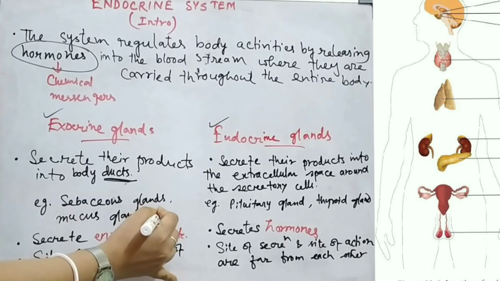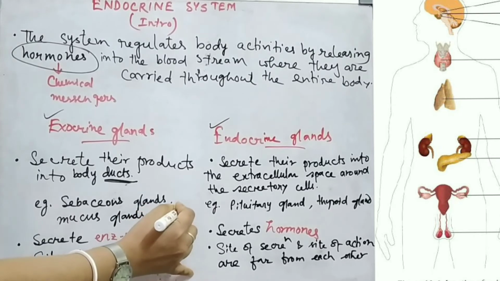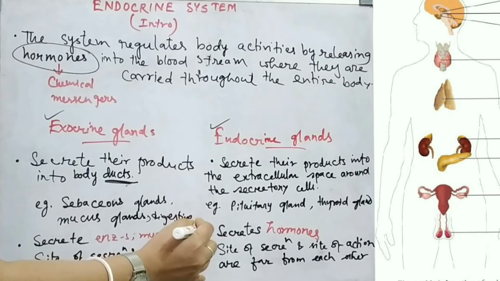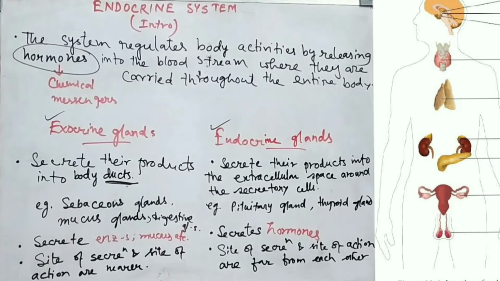Digestive glands release different types of enzymes. The mucous glands secrete mucus. Now, endocrine glands secrete basically hormones.